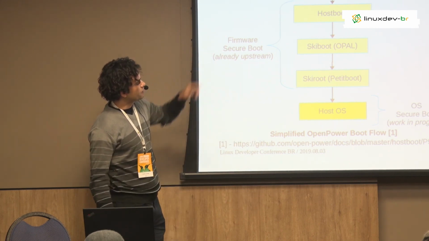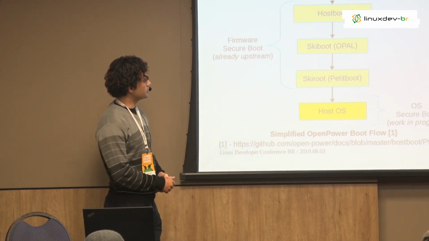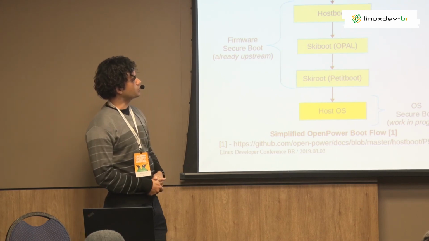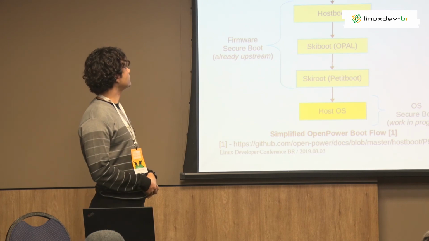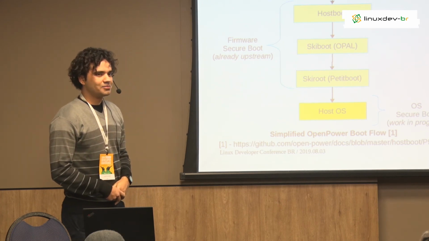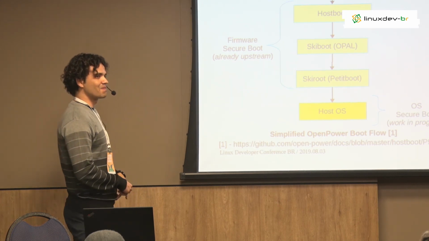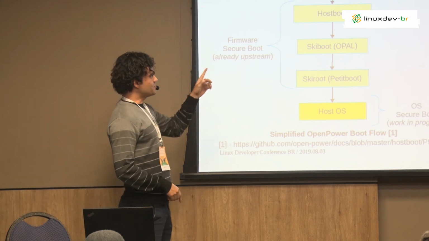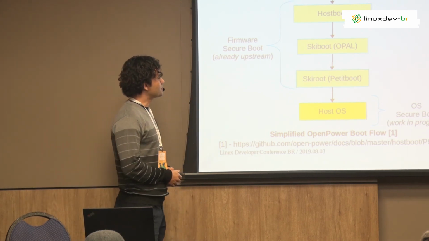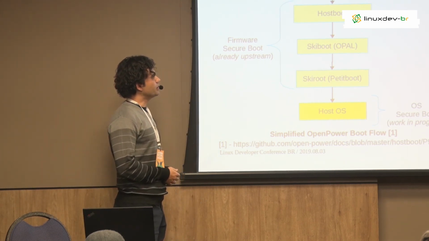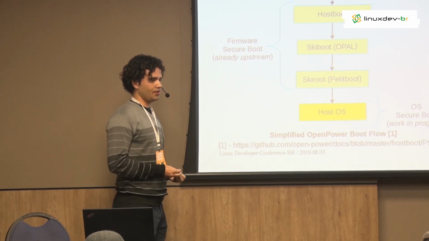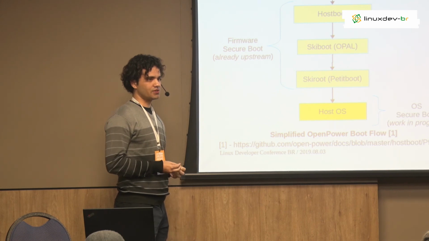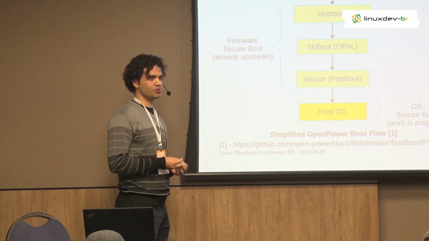Why don't we verify all these firmware pieces? Why don't we verify the first one, the self-boot engine? We need to trust something. It's part of the chain of trust, so we need to have a static root of trust.